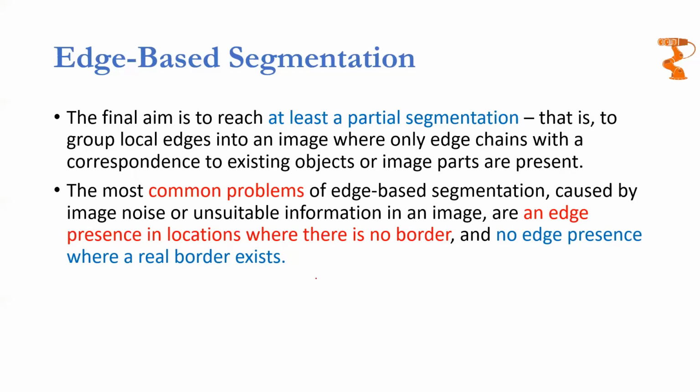For example, if this is the output of an edge detector and you want to segment out this object using an edge-based segmentation technique, now you can see that there is a problem over here. When you apply, for example, region growing or region filling, what is going to happen?